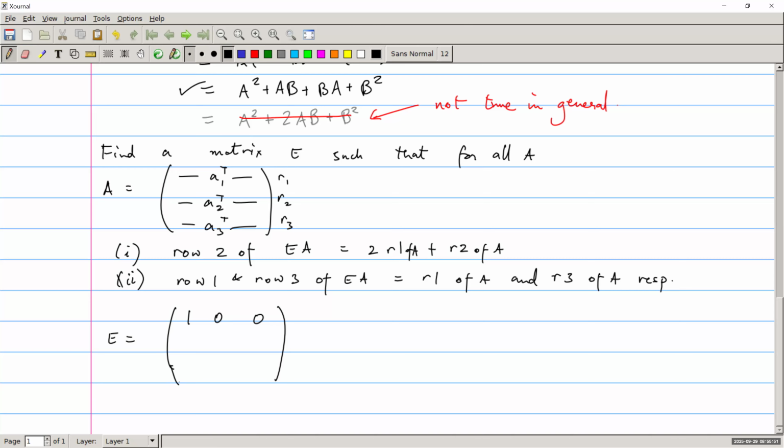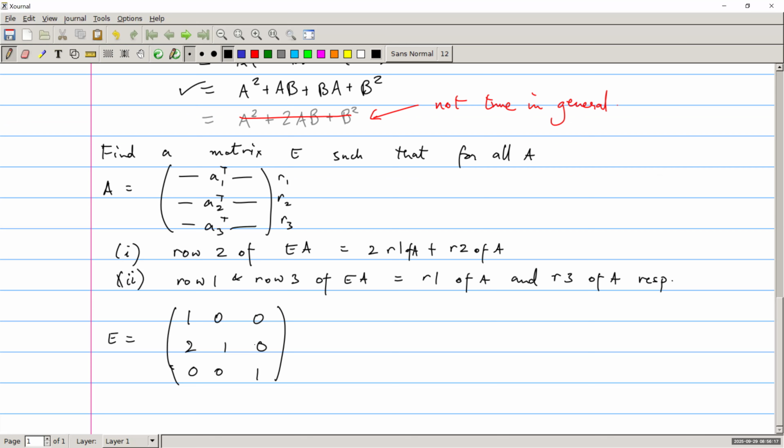So what should be the last row of E? 0 0 1. Now only the second row you do something interesting. In the second row of EA, I want to get 2 times row 1 of A plus row 2 of A. So what should I write? 2 1 0. And this is going to be E.